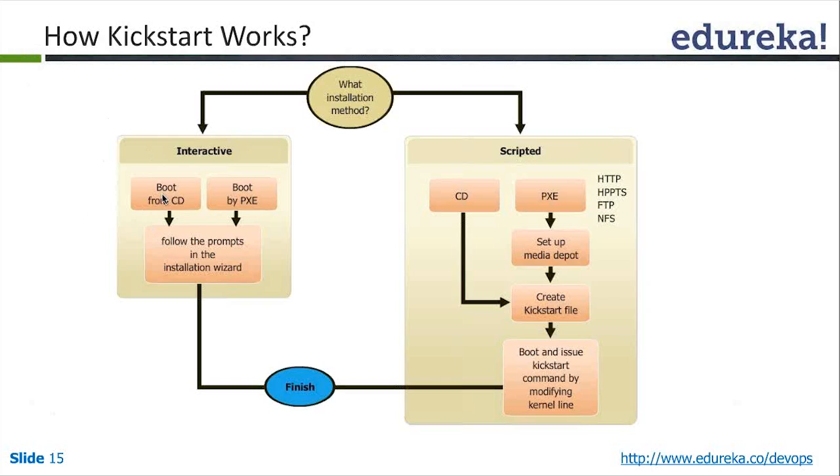How does this differ from the general CD-ROM method? In a general CD-ROM installation, you need to keep giving answers to all those prompts which occur during the install, right? Instead of that, we can just give a Kickstart file with a CD-ROM, and it pulls up the Kickstart file and does an automatic installation. But of course, you require a CD-ROM.